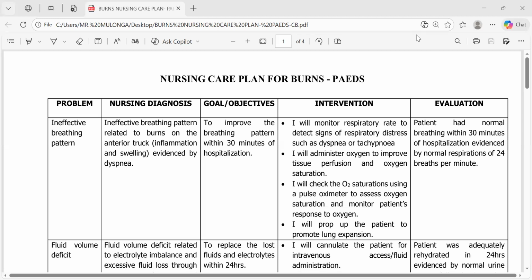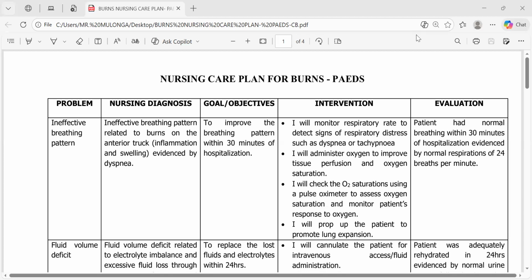Here you have to be very careful because these interventions are for a 2-year-old. Number one, I will monitor the respiratory rate to detect any signs of respiratory distress, such as dyspnea or tachycardia. Number two, I will administer supplemental oxygen to improve tissue perfusion and oxygen saturation.